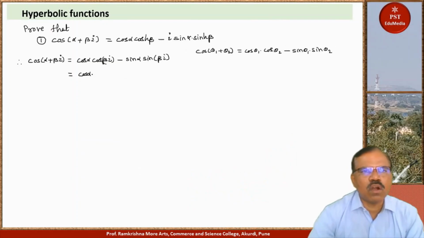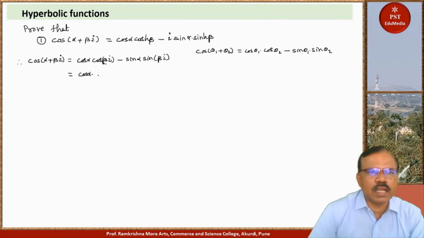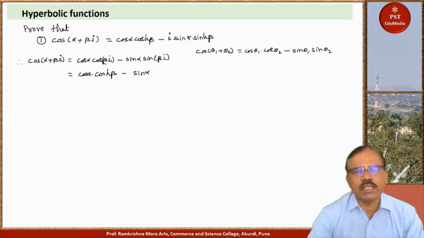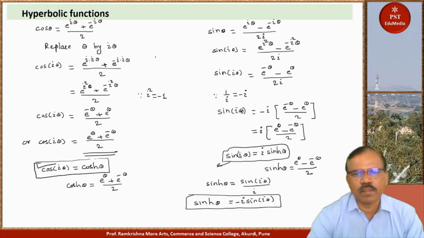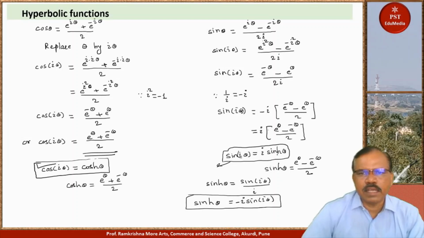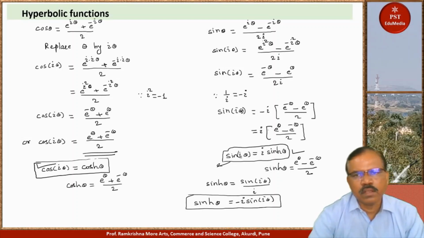So we have here cos I beta, that is cos beta I, that is cos hyperbolic beta, minus sin alpha into sin beta I. Now sin beta I, we have seen this identity: sin I theta is equal to I times sin hyperbolic theta.